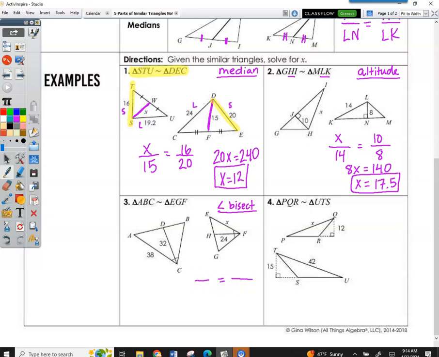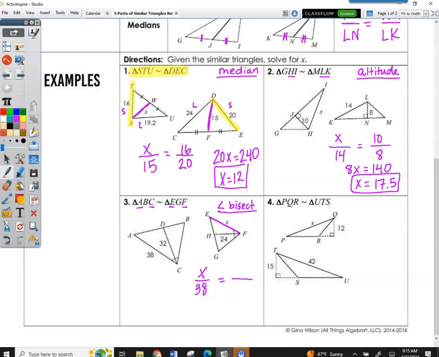I'm going to start with X. I'm going to find it right here. F. So F means I'm going to get AC. What's AC? 38.